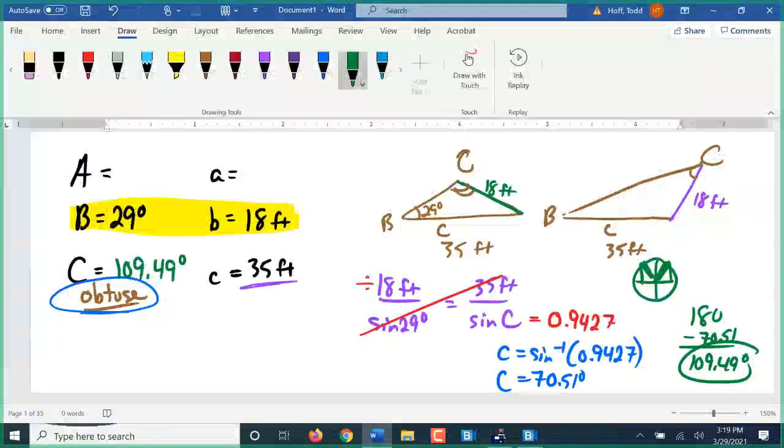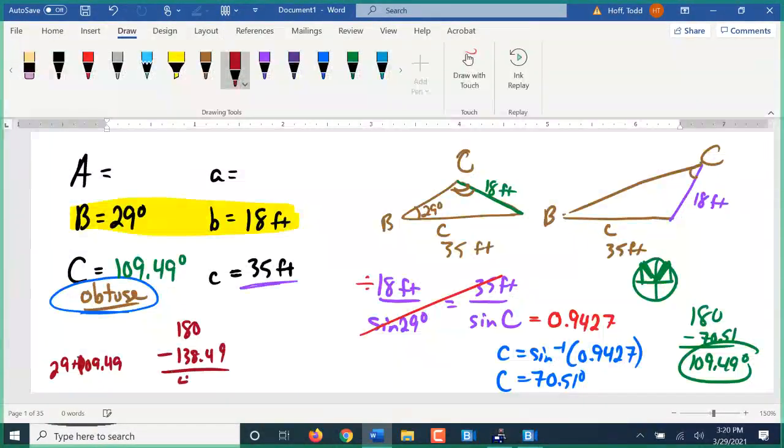Now we can find A by doing 180 and subtracting 29 plus 109.49, which is, what is that, 138.49. Subtract that out, gives us 41.51. Now how do we find side A?